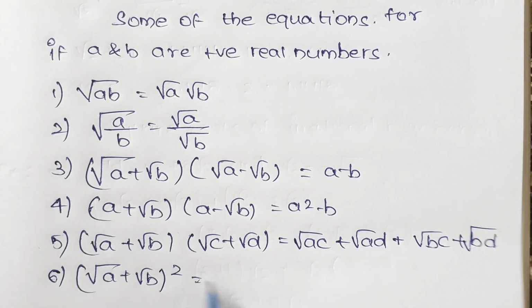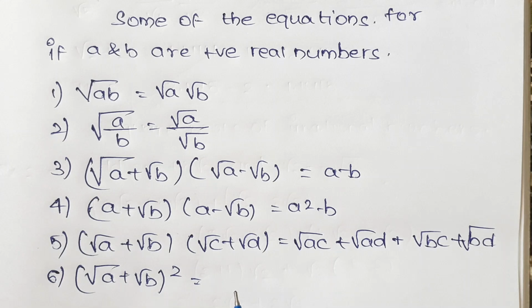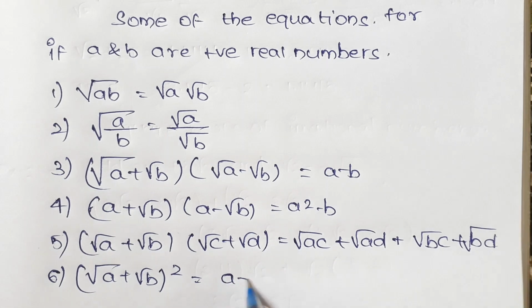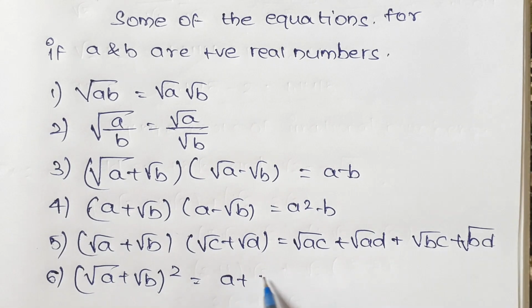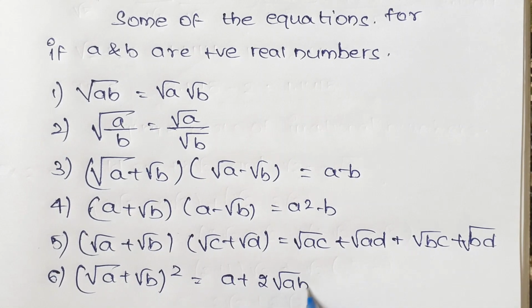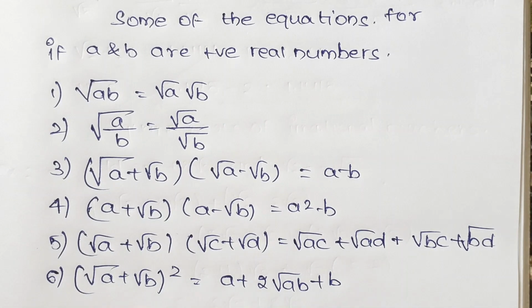It is in the form of (A plus B) whole square. We know that already. (A plus B) whole square already learned. That is A square plus B square plus 2AB. From this we get A plus 2 root AB plus B. And these are some of the equations, that is formulas. And now let us see some of the examples in exercise 1.5.